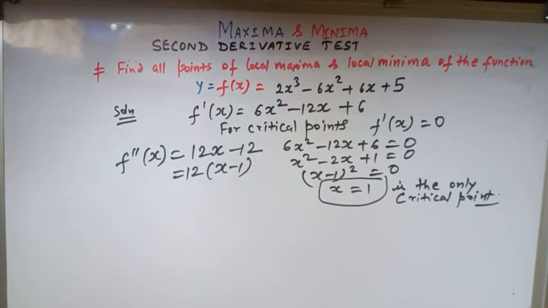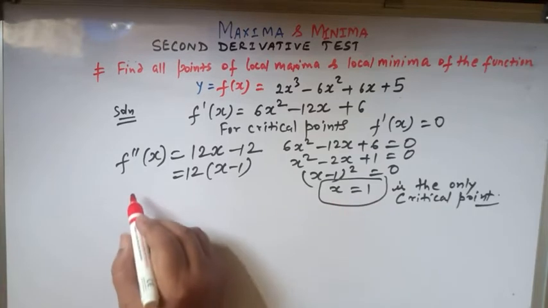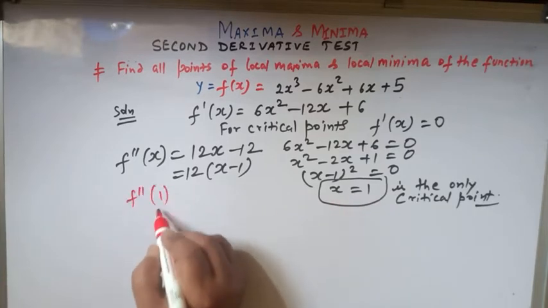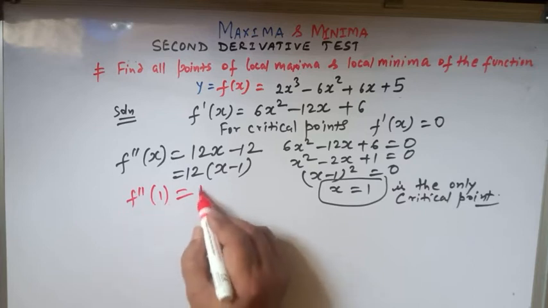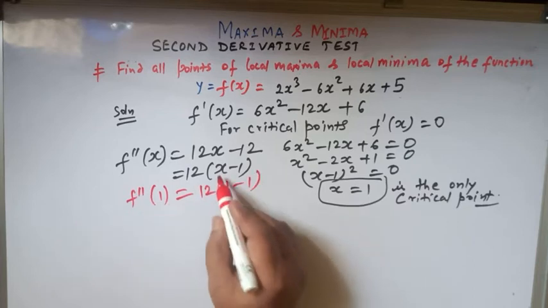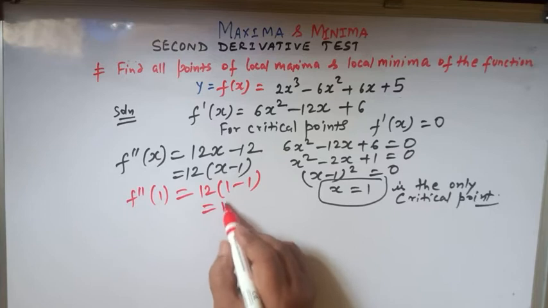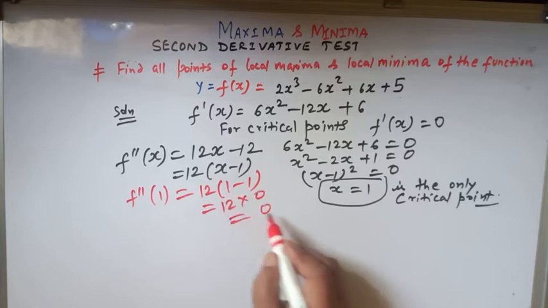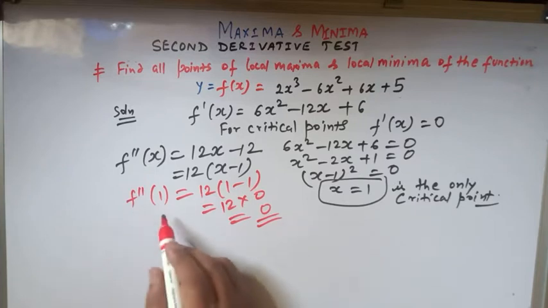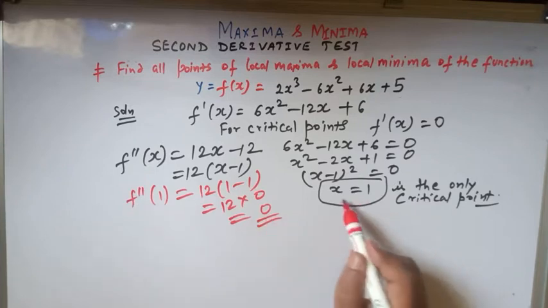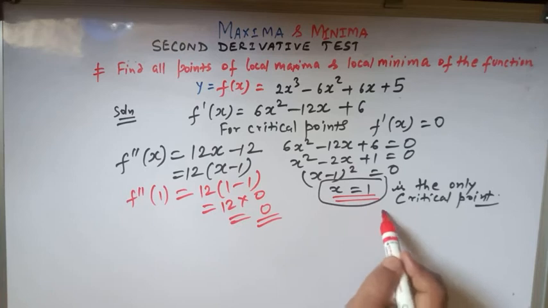Now the critical point is x = 1. If we substitute, f''(1) = 12 times (1 − 1) = 12 times 0 = 0. So here we see that the second derivative is 0 at x = 1.